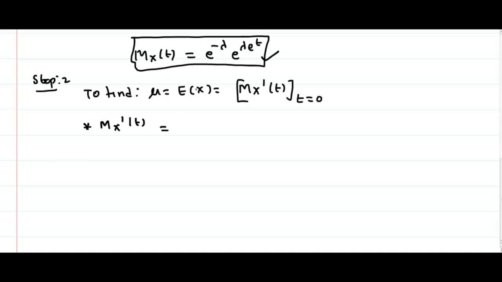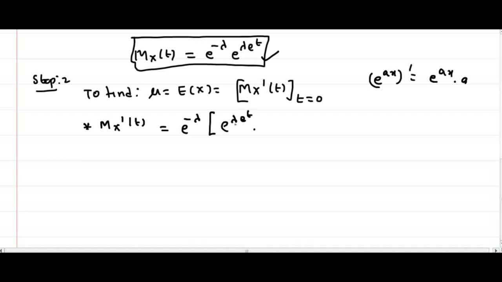Here e power minus lambda is a constant, so we take it outside. What is the differentiation of e power ax? It is e power ax, the same function, and then we differentiate once again the exponent with respect to x, which gives a. So we get e power lambda e power t, and after that we differentiate once again with respect to t, which gives lambda into e power t.